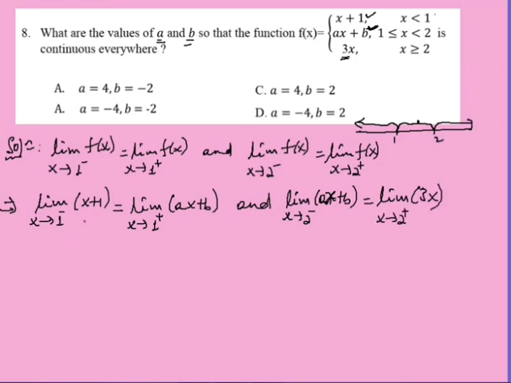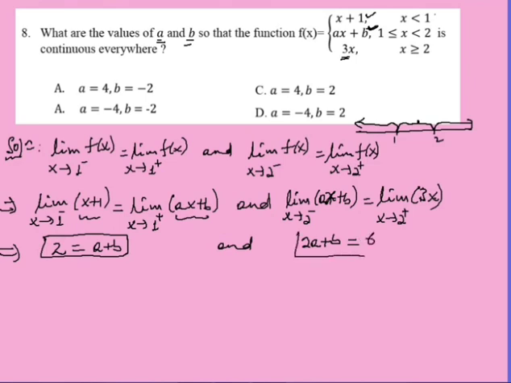Now it's very simple. Substitute x equals 1 here, then it becomes 2 is equal to a plus b. Here we have one equation containing 2 unknowns, and substituting 2 here, it becomes 2a plus b is equal to 3 times 2, which is 6.